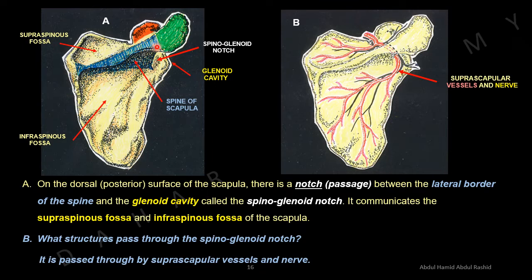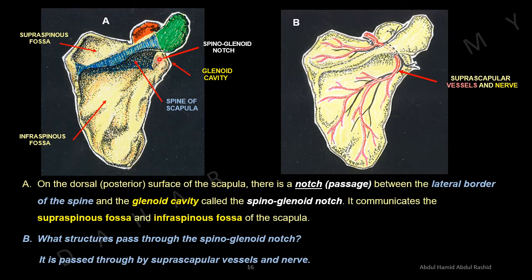We have already mentioned the lateral border. This is the lateral border of the spine of the scapula. This is the glenoid cavity or glenoid fossa. The gap, or the notch or passage between the spine of the scapula and glenoid cavity, is called the spinoglenoid notch or spinoglenoid passage.